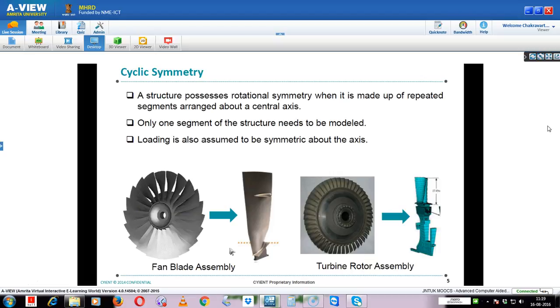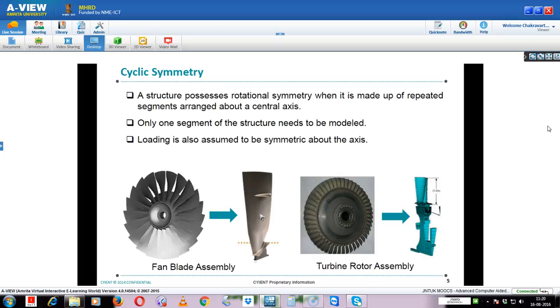So what we need to do is model only this part and enforce the cyclic symmetry boundary conditions. That makes it equivalent to the complete fan blade assembly. So it will reduce enormous modeling effort. Instead of modeling the complete 360 degrees with the complicated blades, we can model only one blade and do the analysis.